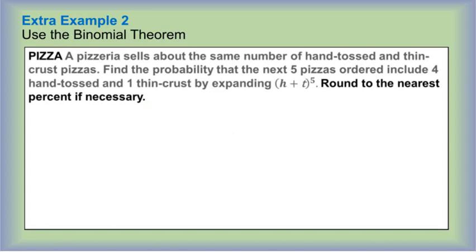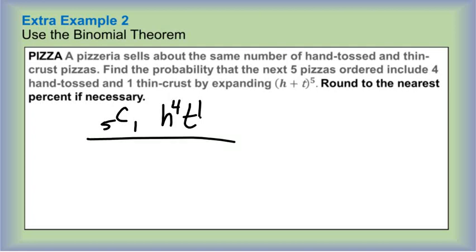So hand-tossed has to be 4, and thin crust has to be 1. So 5 choose 1, it's got to match the t. This is my numerator, and for the denominator, I have to add up all of the coefficients for the whole binomial expansion.